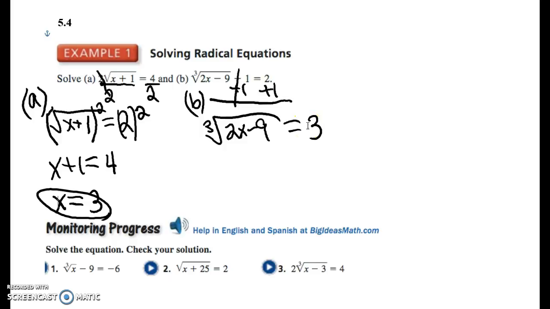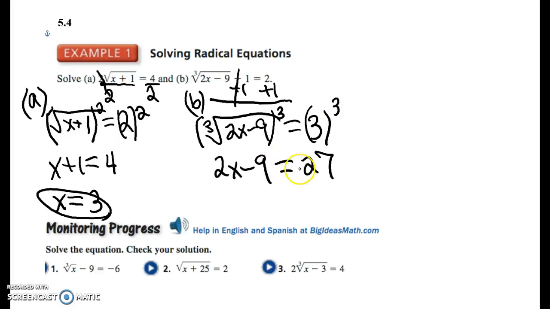What power will we raise both sides to here? Right, we're going to raise both sides to the 3rd power to get rid of the cube root, and we're left with 2x minus 9 equals 27. What's the next step? So we want to add 9 to both sides.